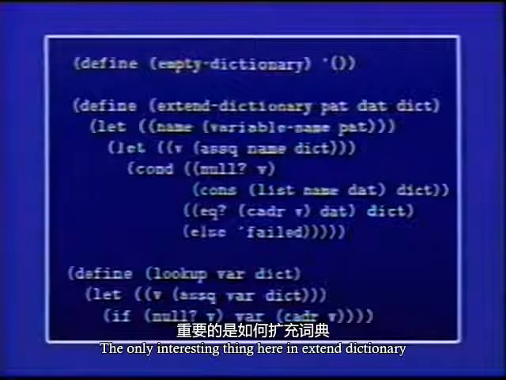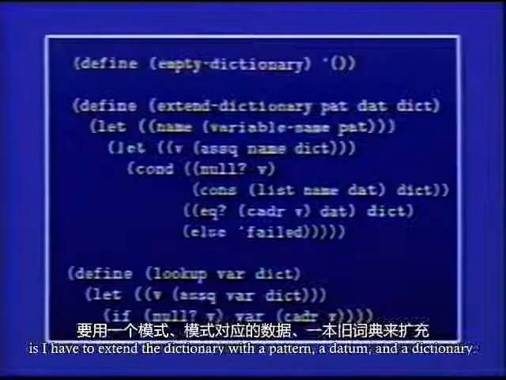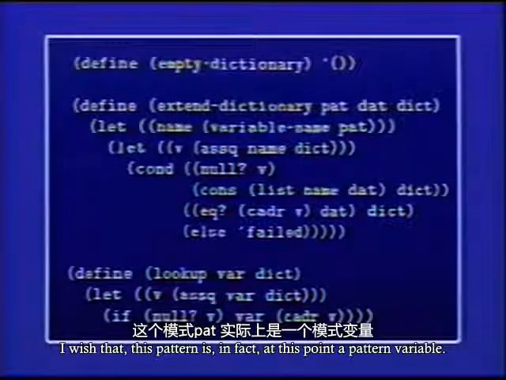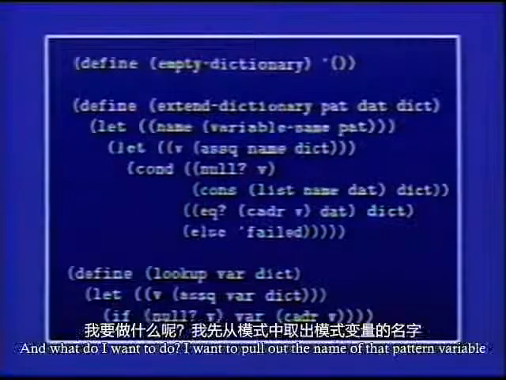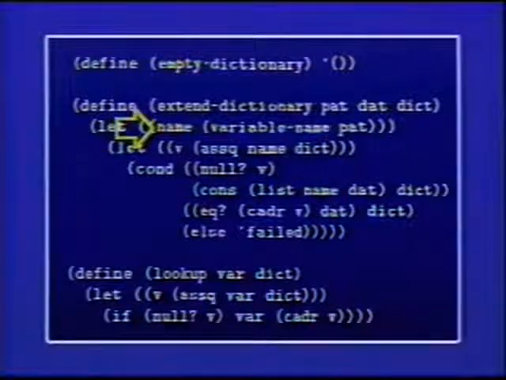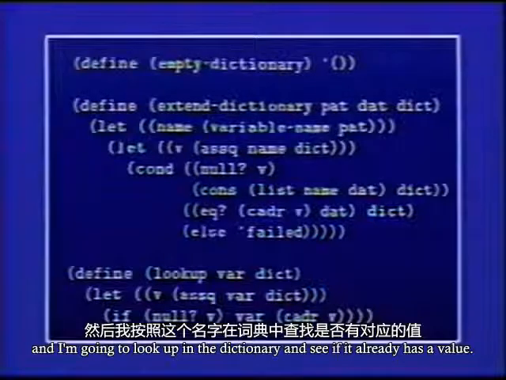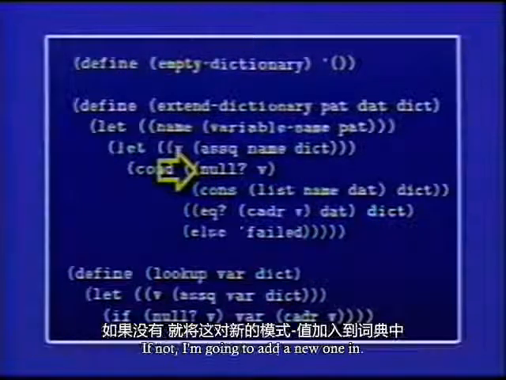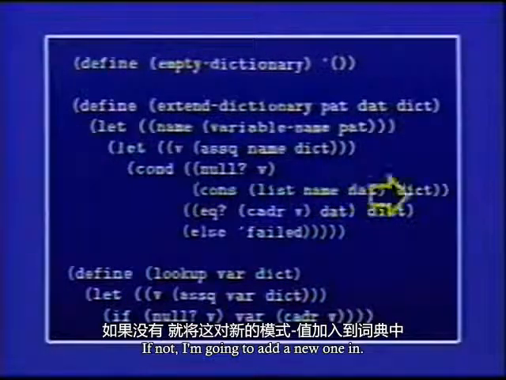The only interesting thing here in extend dictionary is that I have to extend a dictionary with a pattern, a datum, and a dictionary. This pattern is in fact, at this point, a pattern variable. Now, what do I want to do? I want to pull out the name of that pattern variable, and I'm going to look it up in the dictionary, see if it already has a value. If not, I'm going to add a new one in.